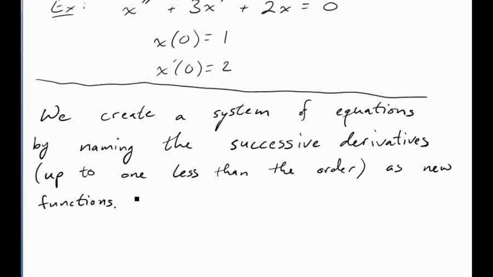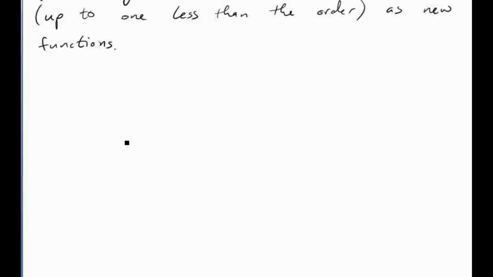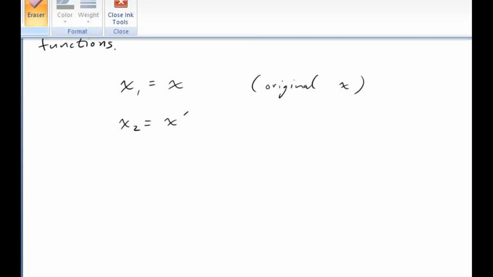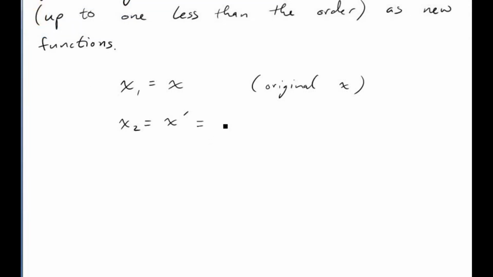We have several options here, but I'm just going to go with x1, x2, x3, and x1 is just going to equal the original x. x2 is going to equal x prime. And then that means x2 is equal to x1 prime. So that gives us one of our differential equations.